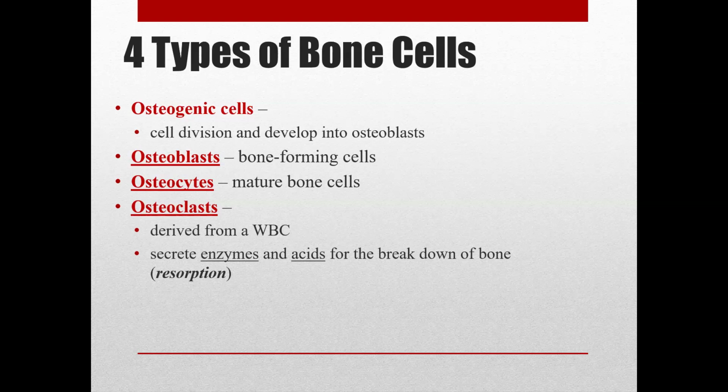If you saw some random question about which bone cell will be used to reestablish blood calcium levels of these four, which one would you pick? The osteoclast. It's not written here because it comes in another slide, but if you want to add this to your notes, the osteoclast is the one that helps balance, homeostasis, blood levels of calcium.